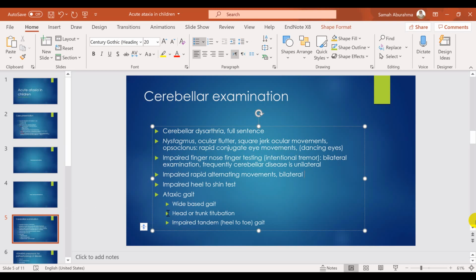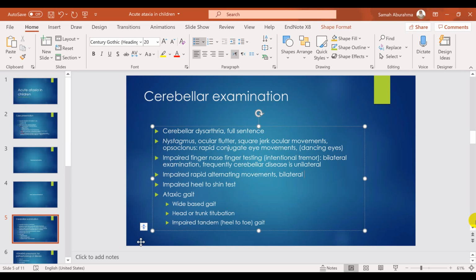If the patient has a normal based gait, if you do tandem gait, then this will further stress the patient. You might be able to bring out ataxia with tandem gait.